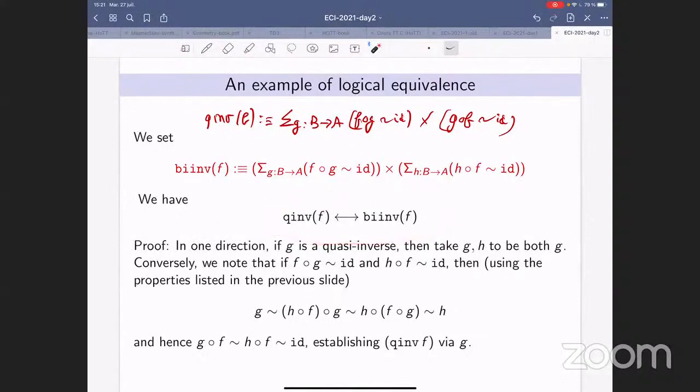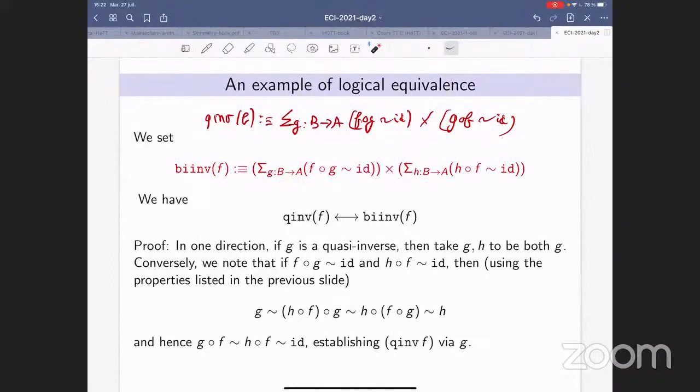So we need to find a function from Q_inv of f to bi_inv of f. This is the easy direction, because if I have a quasi-inverse, I can use it as a witness that it is a right inverse, and I can use the same G as a witness that it is also a left inverse. So the direction from Q_inv to bi_inv is easy. We can define a function that goes from here to here.